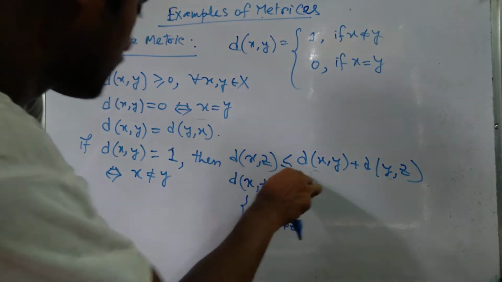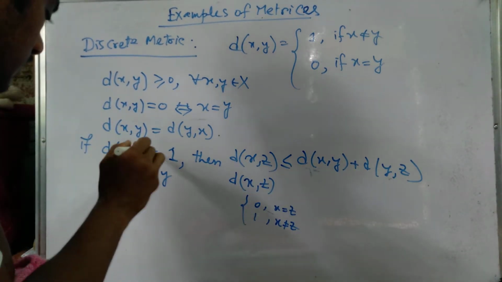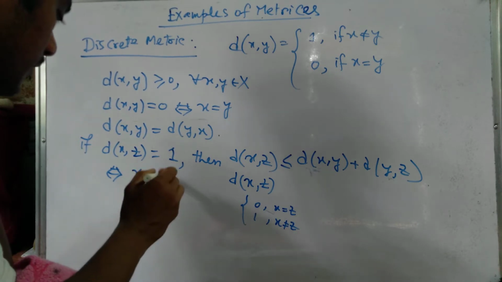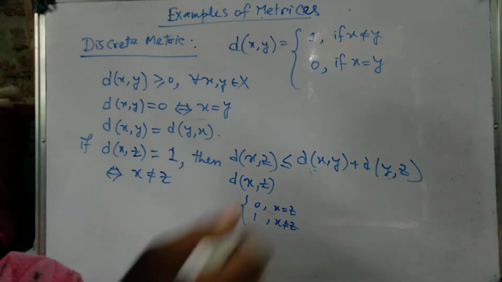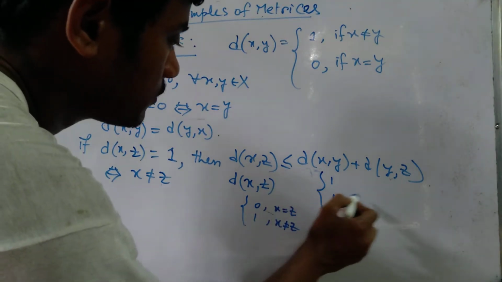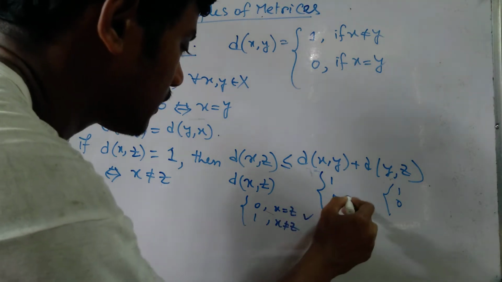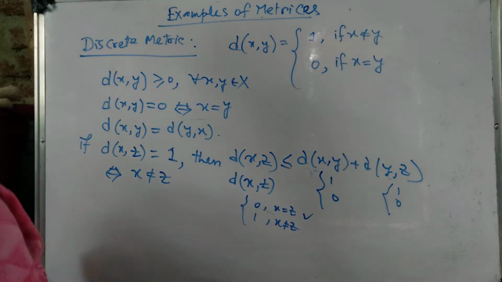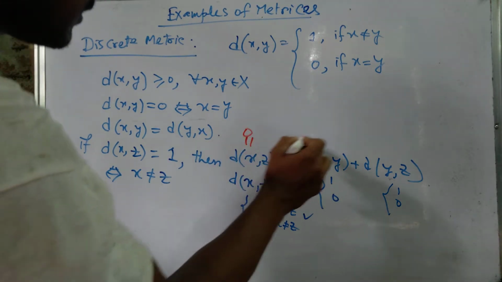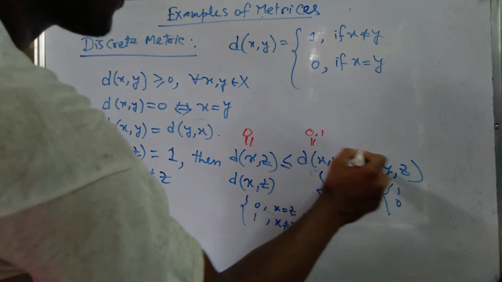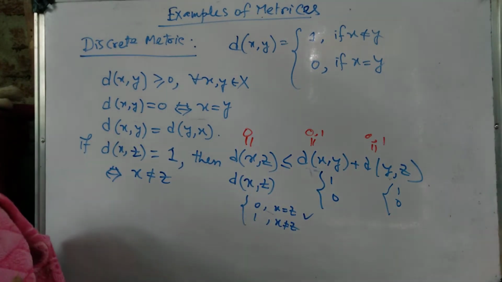Then if x is not equal to y, here 1 0 or 1 0. If here 0, then all possibilities come. That means if this one is equal to 0, then 0 is possible, 1 is possible, 0 1, all possible. That means 4 possibilities here.